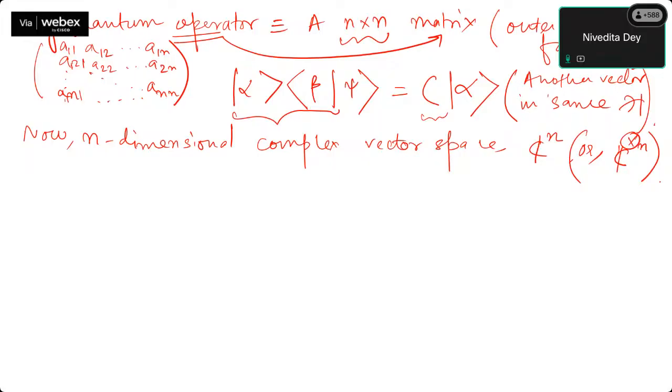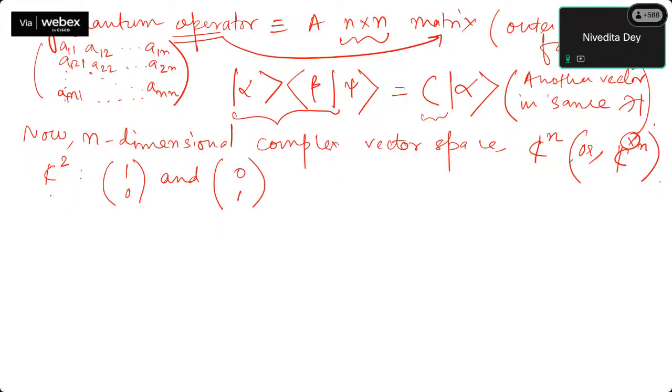In research papers you can see any form. The n-dimensional complex vector space Cn is the generic one. So let me take C2: the vectors are 1 0 and 0 1. Remember the orthonormal basis and all those things.